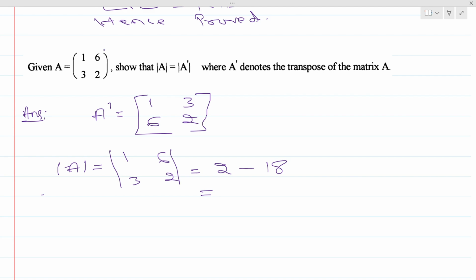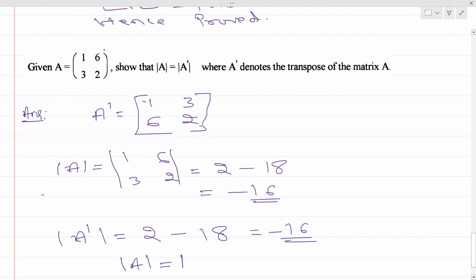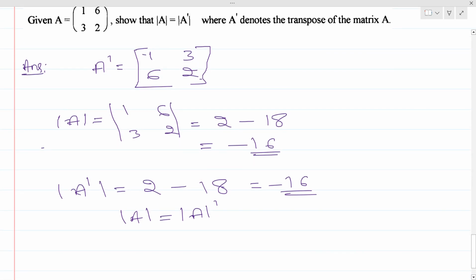So 2 minus 18, I get negative 16 here. And let me do the determinant of A transpose. There it is 1 into 2, that will be 2, minus 6 times 3 is 18. 2 minus 18, I'm getting negative 16. So determinant of A and determinant of A dash are equal, hence proved.